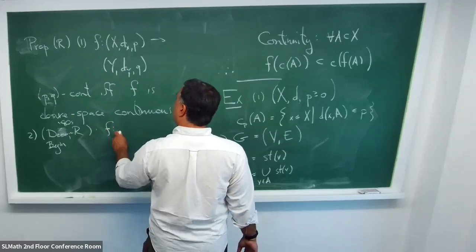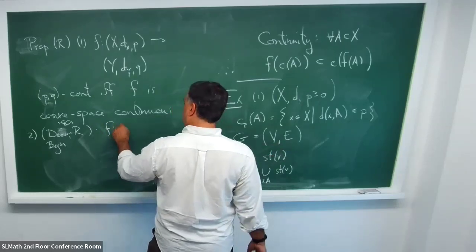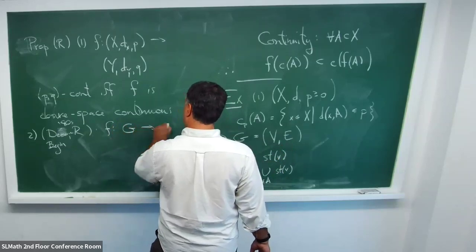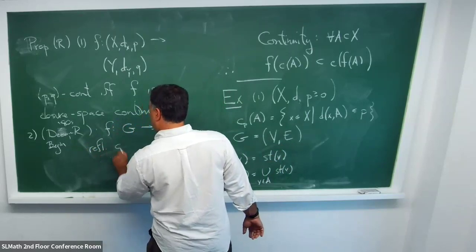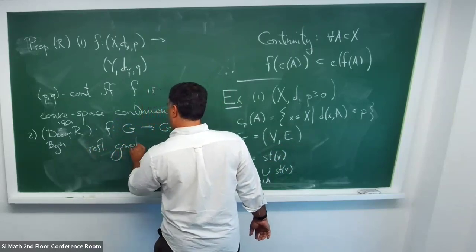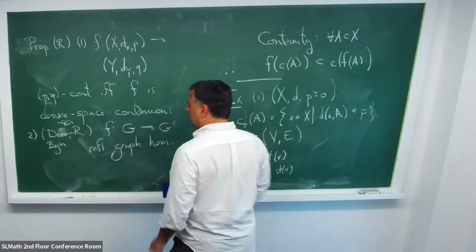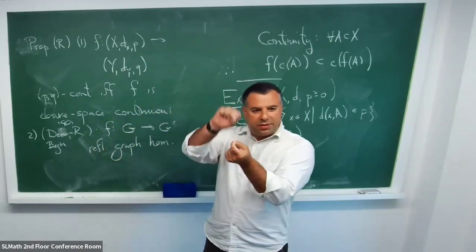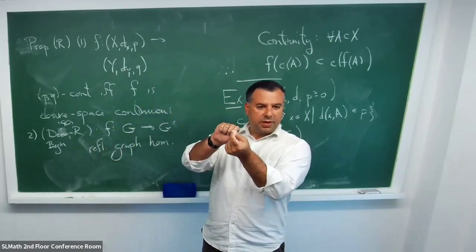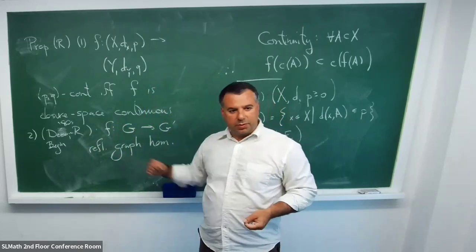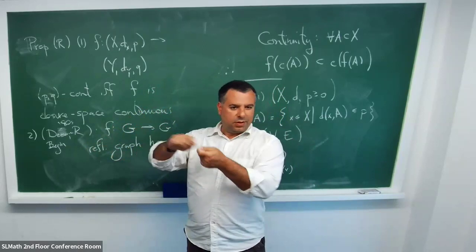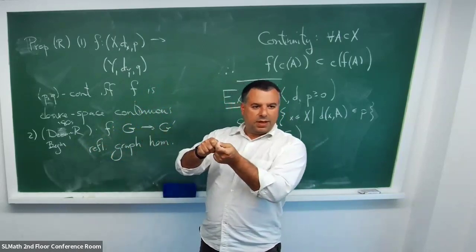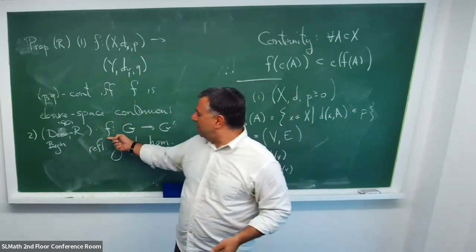If I have a reflexive graph homomorphism, what this means is that I'm imagining that I always have loops on every vertex and this is a normal graph homomorphism, or you don't imagine the loops, but you allow the map to collapse edges.